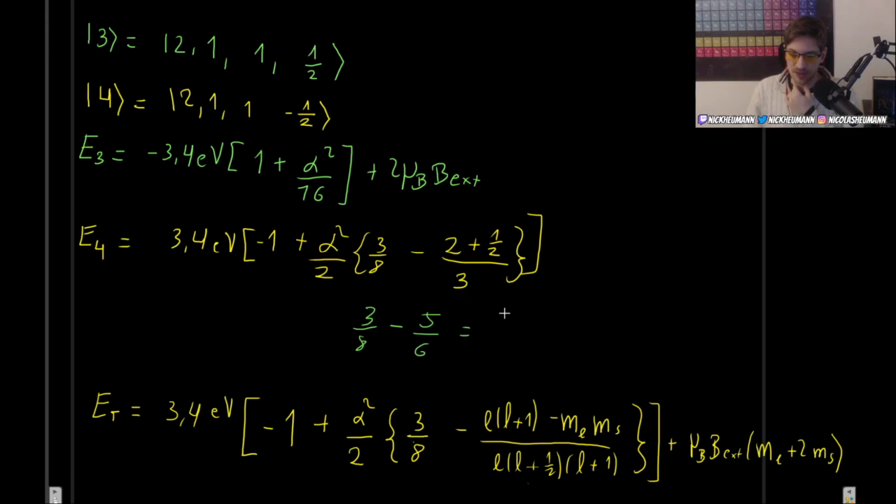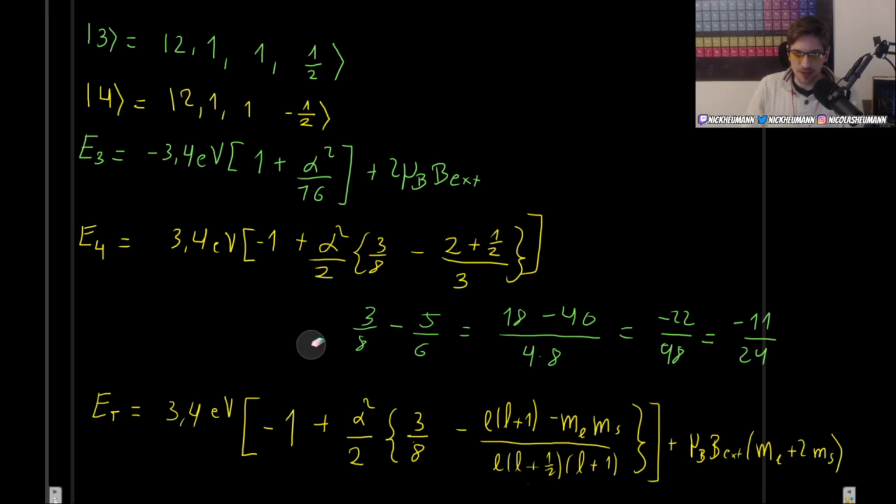So let's take common denominator. We get 18 minus 40 divided by 48, right? 8 times 6, yes. Okay. So this is minus 22 over 48. We can simplify by 2. So we get minus 11 over 24. Okay, so let's plug it in.